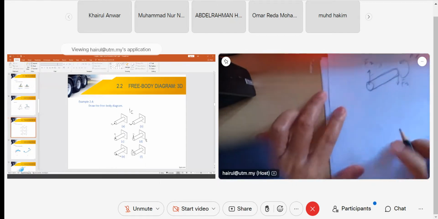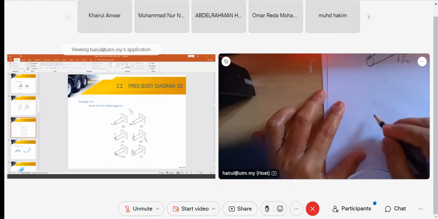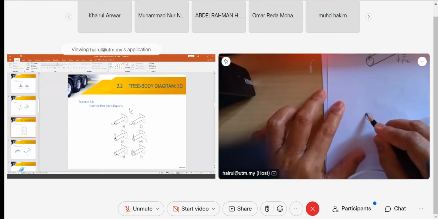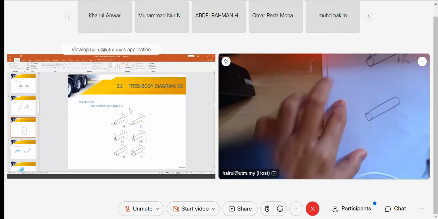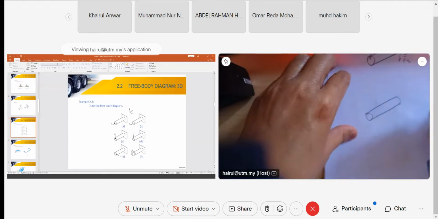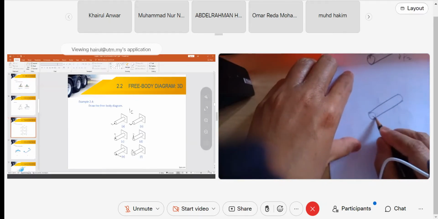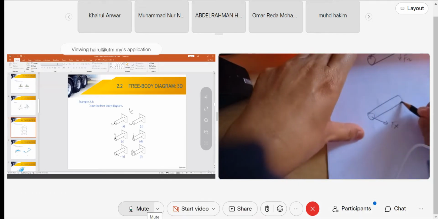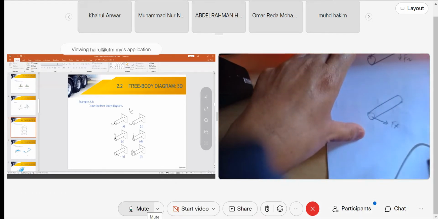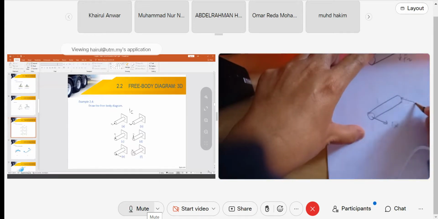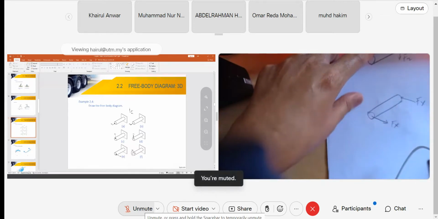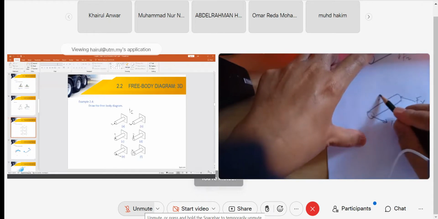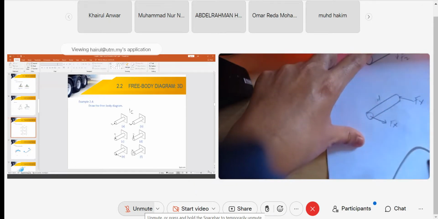What about E? Be careful. For E, we have Fx. Are you listening or not? Okay, this x, we have Fx. So what about this one? Quickly. Yes, negative Fx. What is the moment? The distance is D, the length is D. Mx, okay.